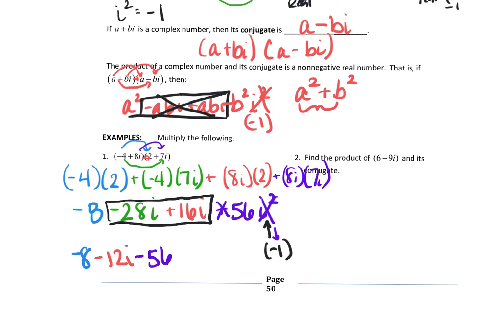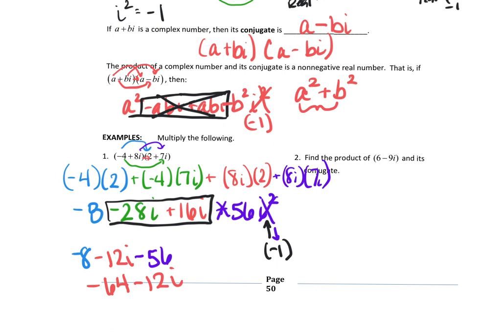So adding the real to the real, the imaginary to the imaginary, we get -8 minus 56 is a -64 minus 12i. And so you have to be careful when you do this because you're always going to get this I squared in the back. Make sure you change the sign of whatever this is because you're multiplying that I squared by a -1.